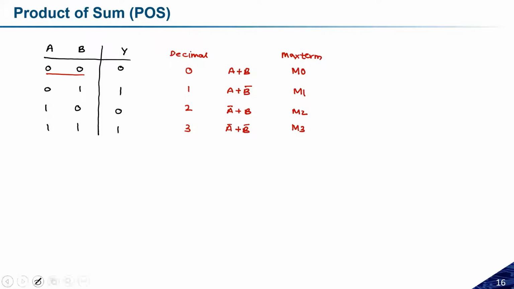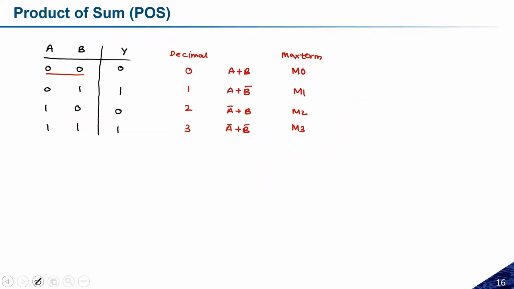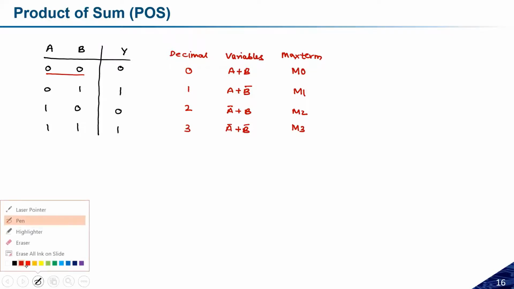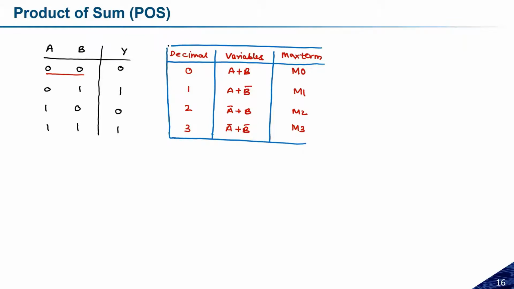It is just like what we were discussing, but in a complementary kind of way. A and B are all the variables, and this is how we can represent the SOP form. Now let us see what the different things are that are utilized to represent.